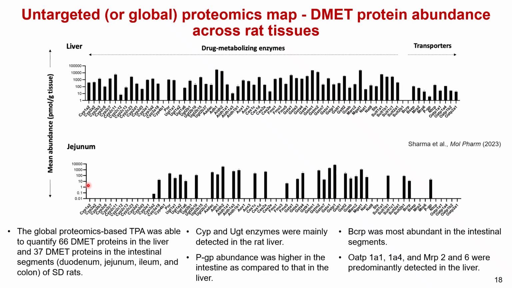PGP abundance was also higher in the intestine as compared to the liver, which is also consistent with the human observations. BCRP was most abundant in the intestinal segments, and some of the transporters like OATP1A1 and MRP2 were predominantly detected in the liver. So these observations were pretty consistent with what we observe in human tissues as well.